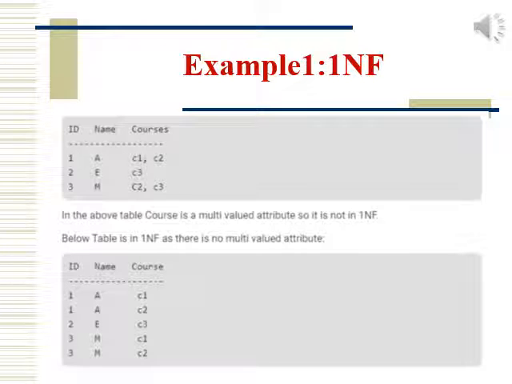So in the above table the course is a multi-valued attribute, and it is not in first normal form. We have to convert it into first normal form, and for that we have to separate these courses along with their ID and names, so that it becomes first normal form.